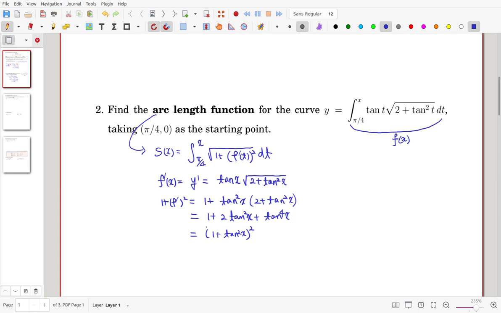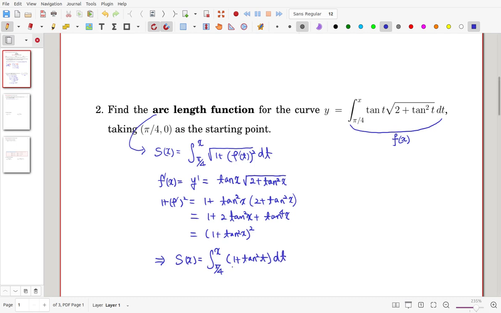If we take the square root, then the square will disappear, so the arc length function will be the integral from pi over 4 to x of 1 plus tangent squared t dt.